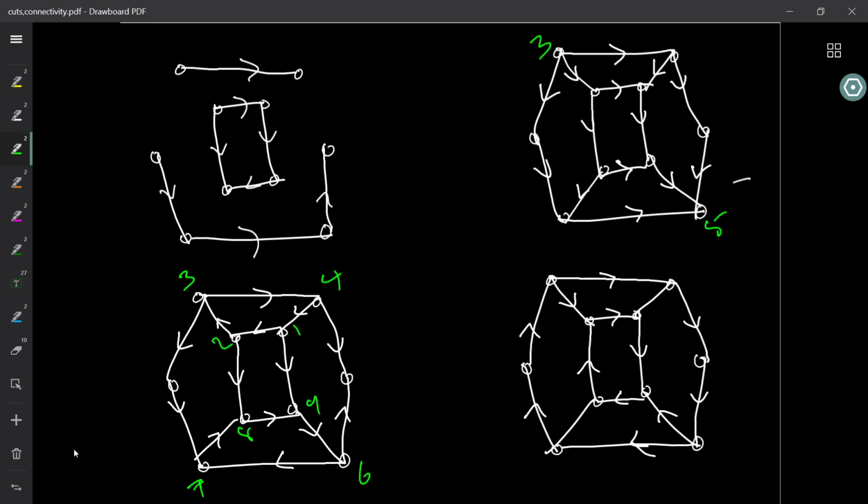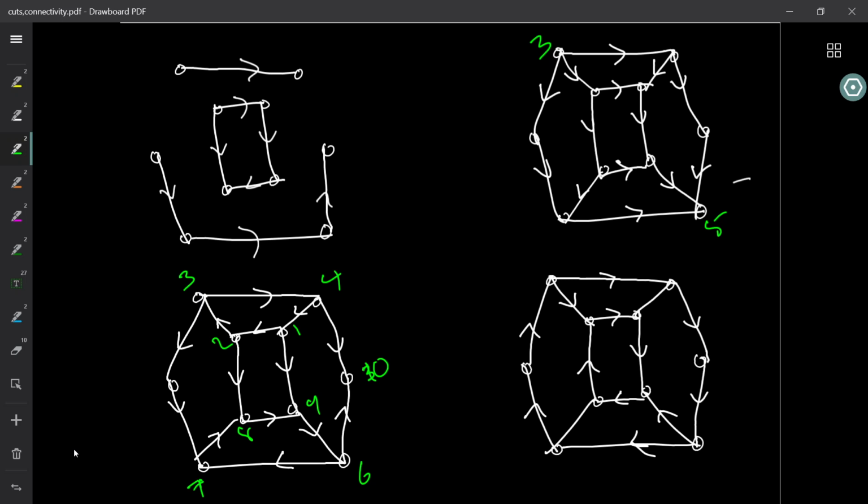I can go from 4 to 8, and to 10 I can go. But I cannot go from 10 to 4, because out of 10 I cannot go anywhere. So here things are slightly better than the previous one. If you look at the previous one, it is much less connected in some sense. We will define what is different about that.